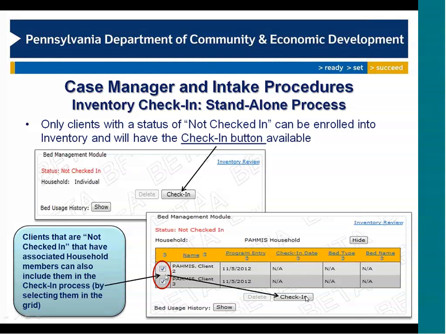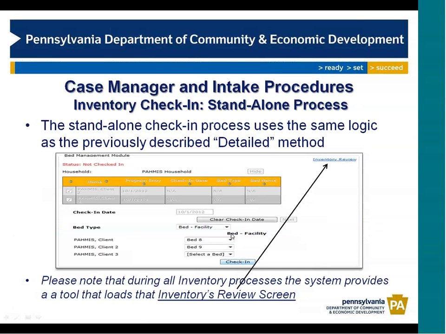You need to make sure you check the household member before you do the process. Then once you hit check-in, it'll take whatever client you're on plus those household clients into the process. Of course, if you're doing a check-in, the clients can't be in a current inventory item or they won't be allowed to be checked in.